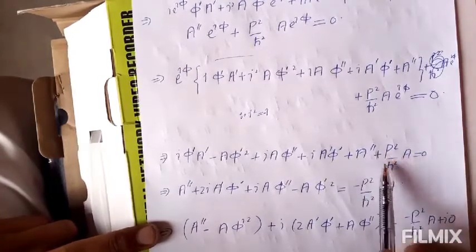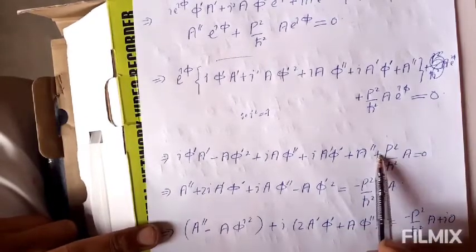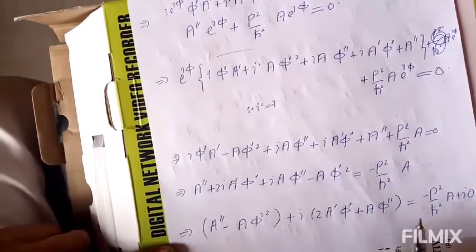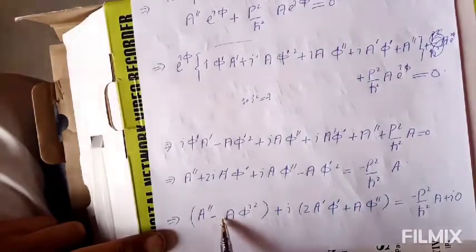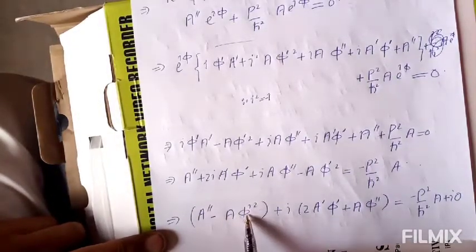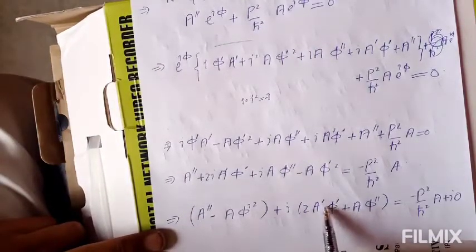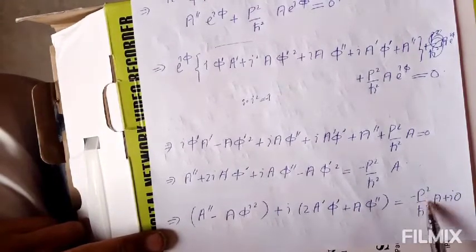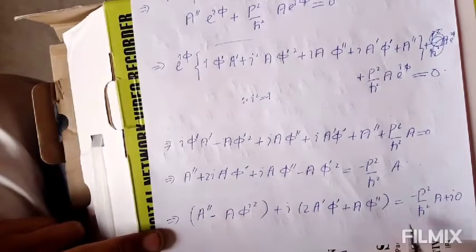Now it becomes a complex number: a double dash minus a phi dash square plus iota into 2 a dash phi dash plus a phi double dash is equal to minus p square over h cut square a plus iota 0. This is the real and this is the imaginary part.